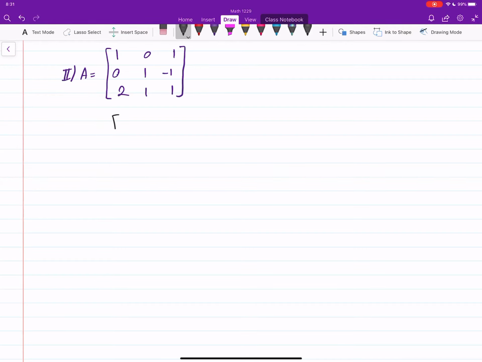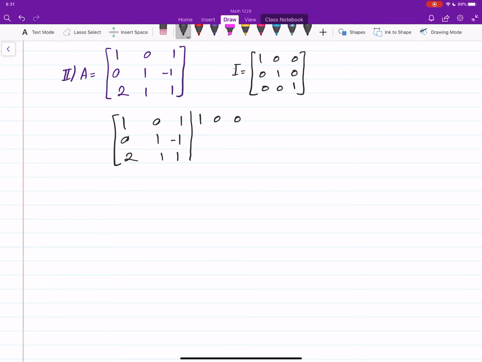We start with the matrix 1 0 1, 0 1 -1, 2 1 1, augmented by the identity matrix. Here the identity matrix has 3 rows, 3 columns. Remember what the identity matrix is? And this will be here on the right hand side. So this is step 1.